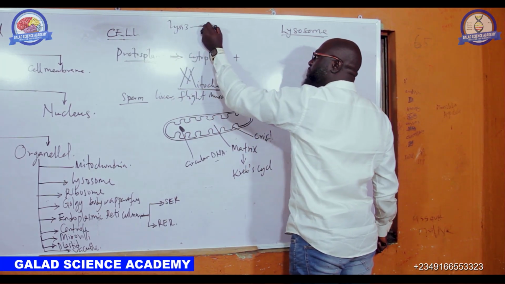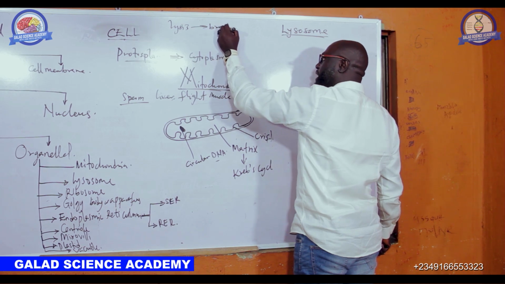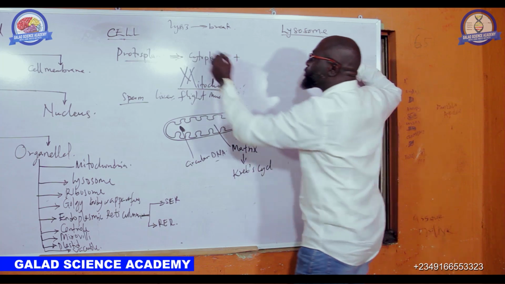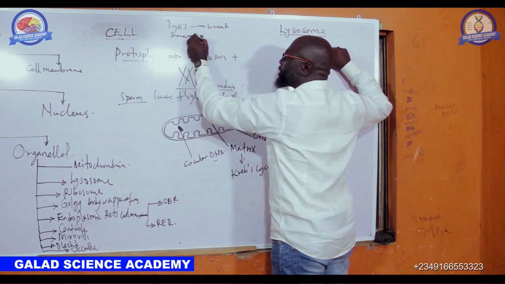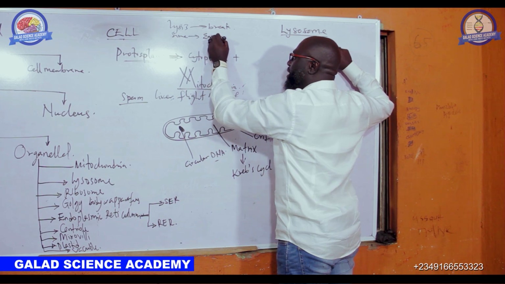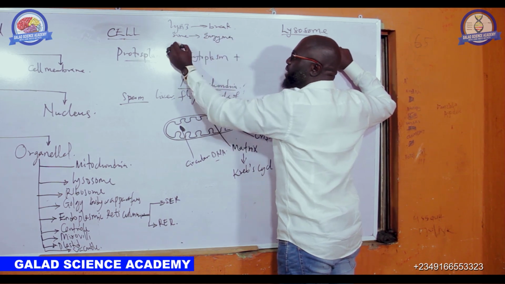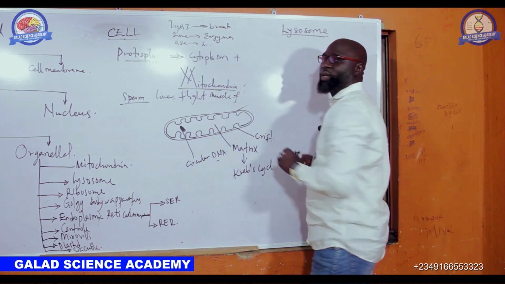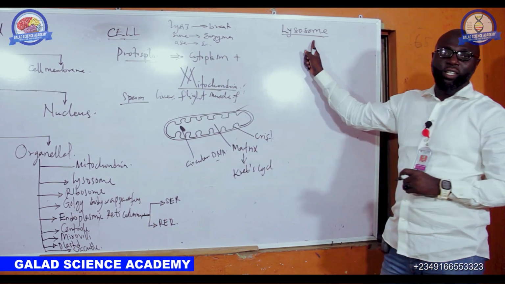Lysis simply means to break. The word soma here, you can call it enzyme. So the lysosome means the breaking down of particles within the cell with the aid of enzymes.